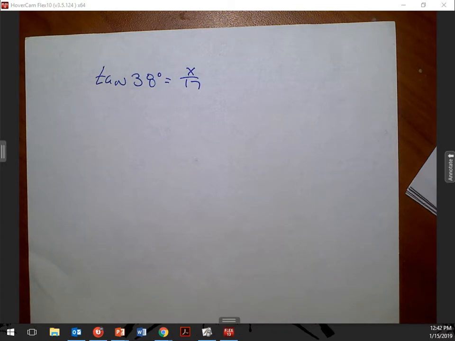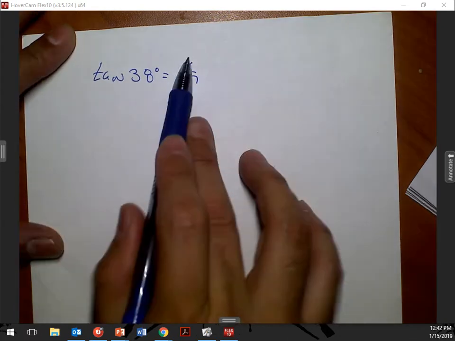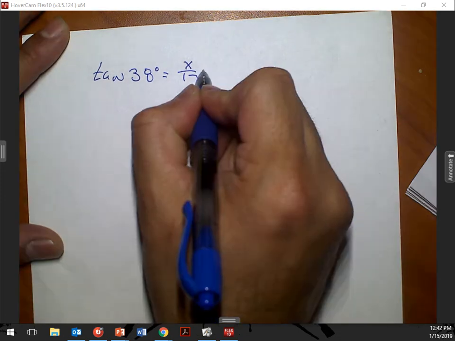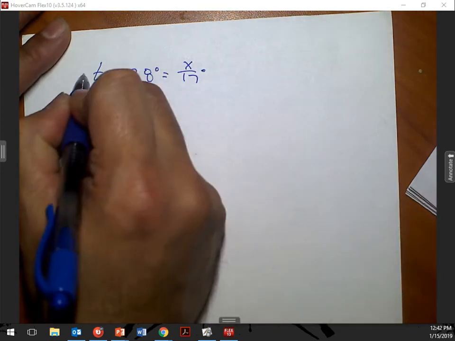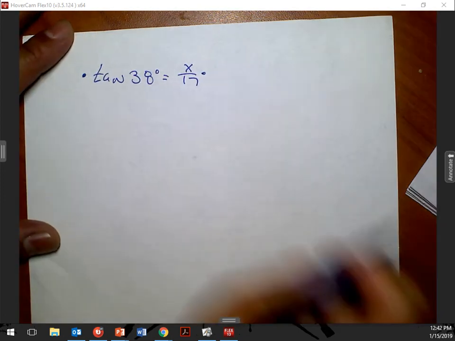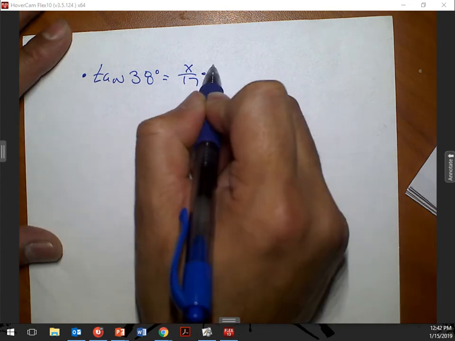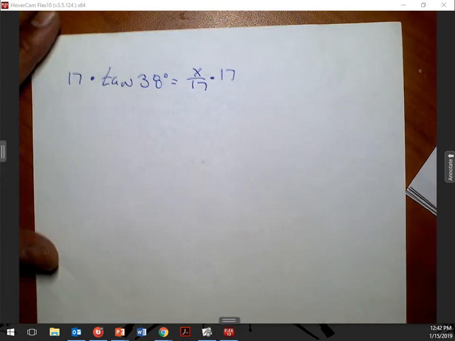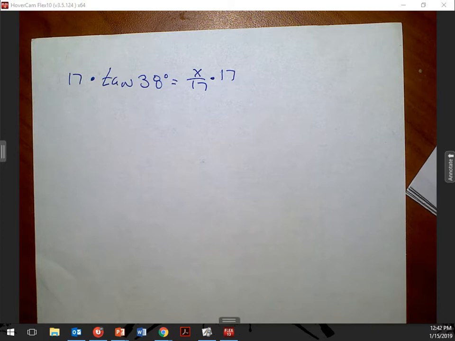Now, we're trying to isolate the x. That is my unknown value. Since my x is on the right-hand side, I have a fraction over here. Using algebra, how would I clear out my fraction? Multiply both sides by 17. Why 17? It's the bottom.